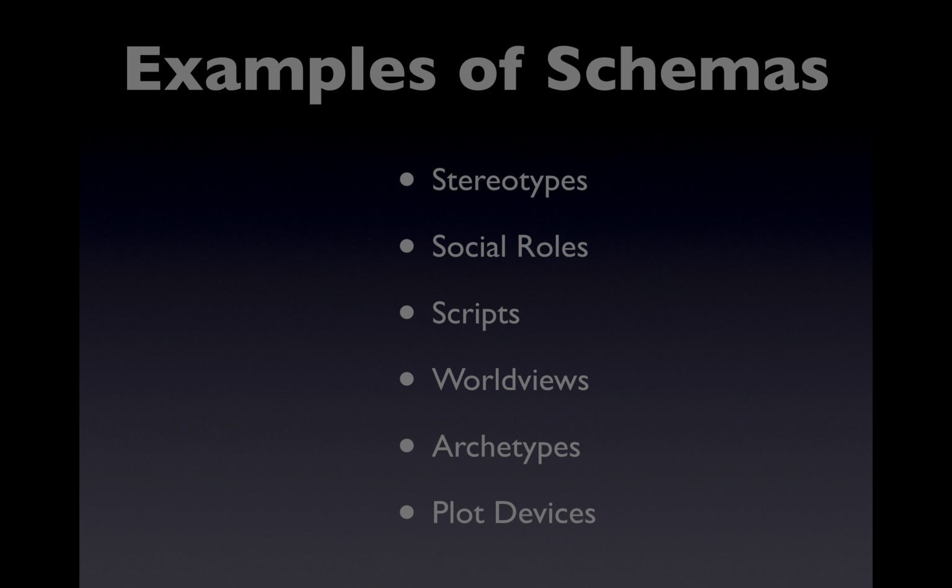But you're going to make automatic assumptions about people. That's the idea of stereotyping. And these automatic assumptions are built into the way we look at the world, for better or worse. So I'll give you an example of a stereotype.